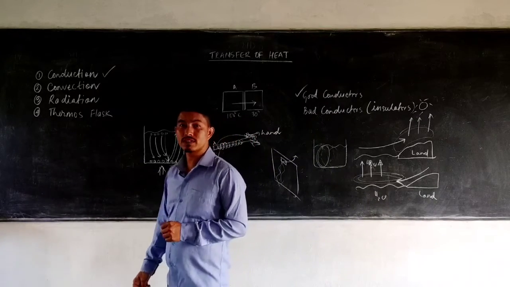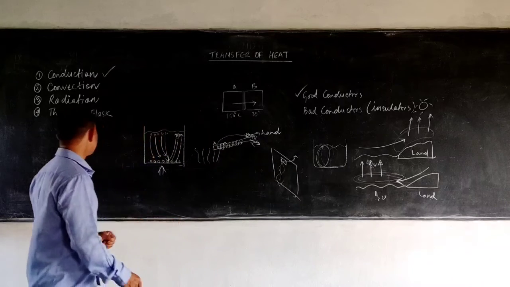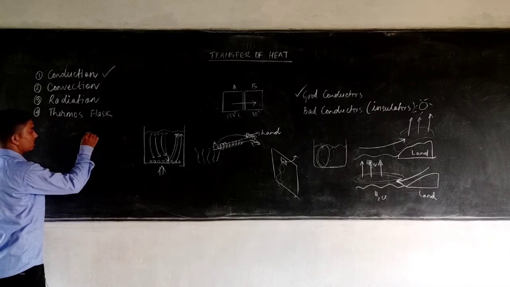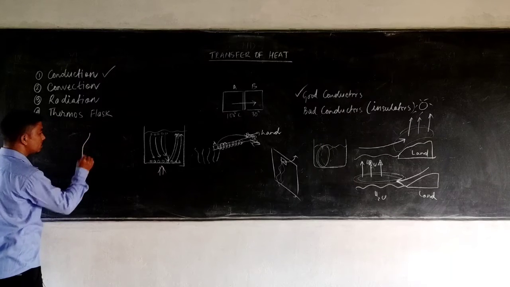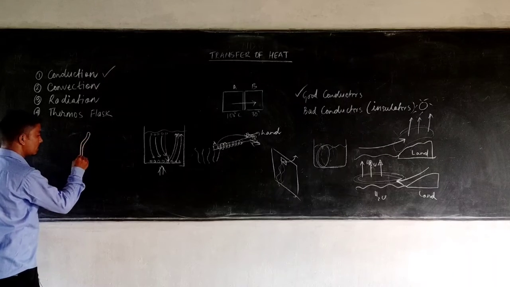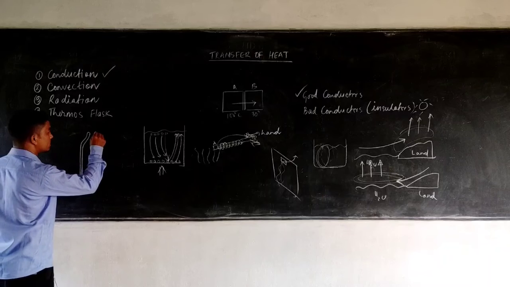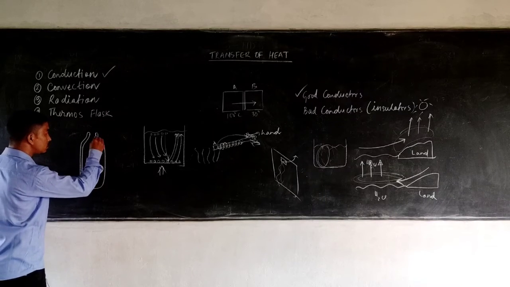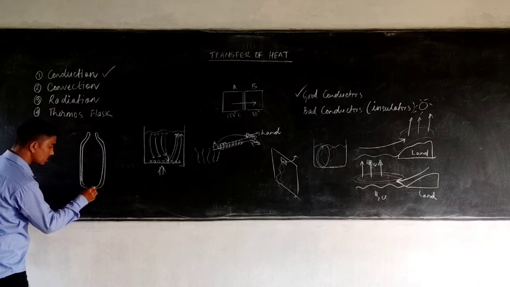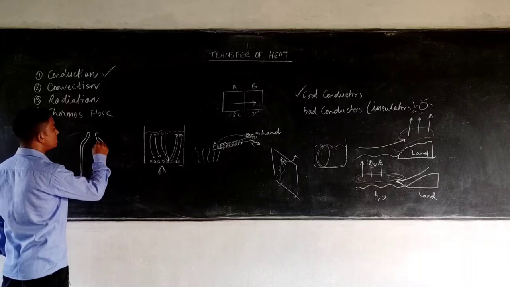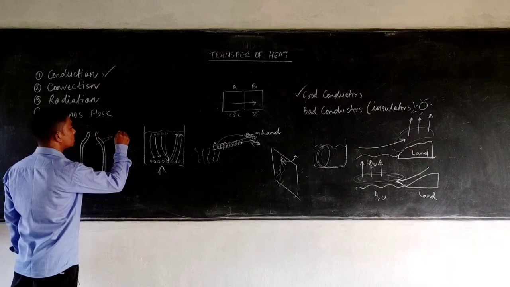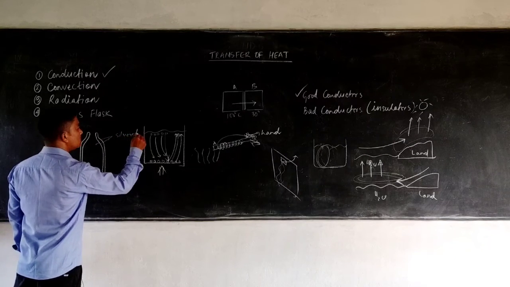The thermos flask's construction is as follows: innermost, it contains a double walled glass vessel, something like this kind, which is silvered on the inside and also on the outside.